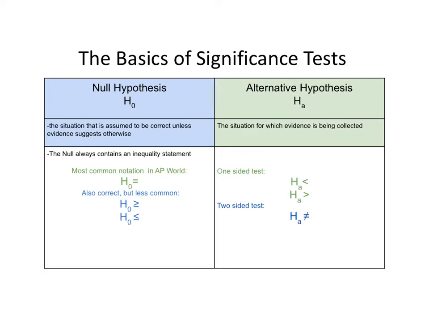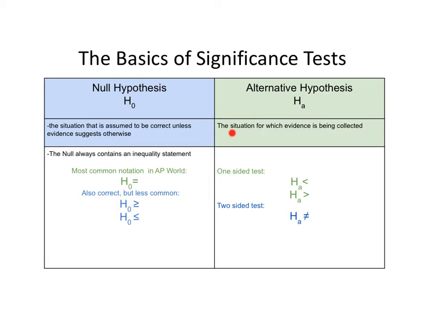So let's talk for a second about these two hypotheses, the null hypothesis versus the alternative hypothesis, which is written as H sub 0, also called H naught, and H sub A indicates the alternative hypothesis. Your null is the situation that's assumed to be correct in a scenario unless you have evidence that will then suggest otherwise.